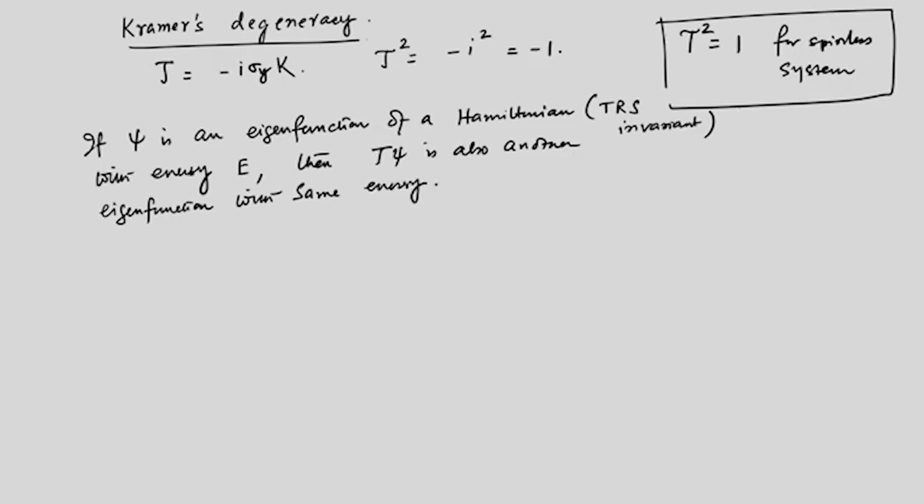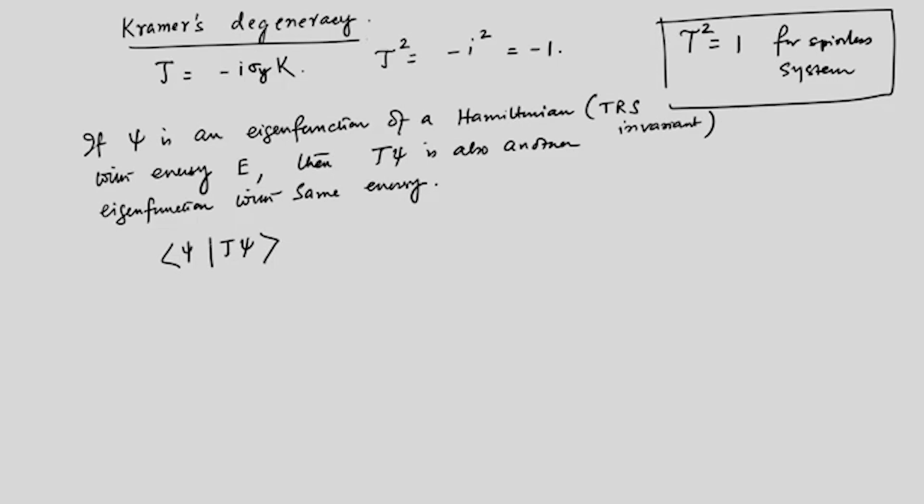So, how do we see that, and what is the nature of T psi? T psi is perpendicular or orthogonal to this. So, you take an inner product of psi and T psi.